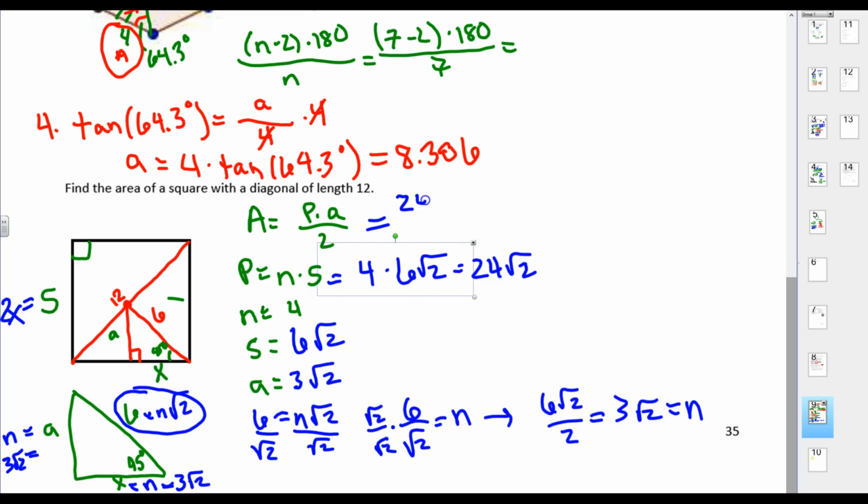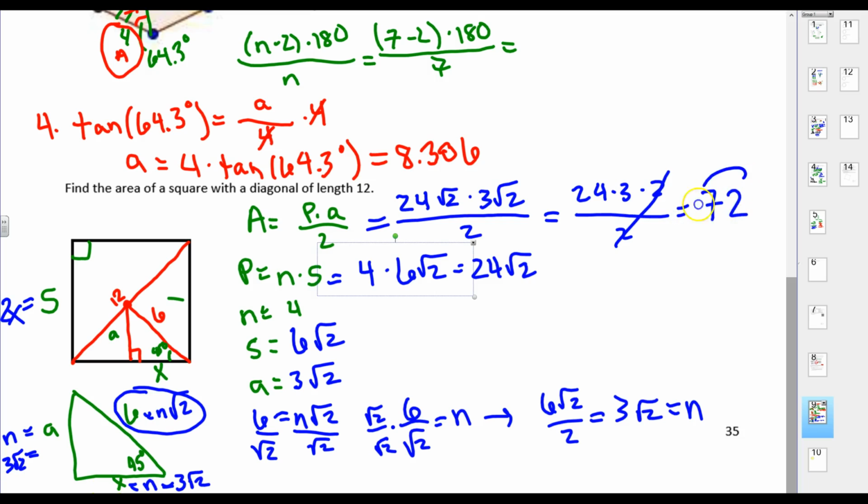So I get 24 root 2 times my apothem of 3 root 2, all divided by 2. Lots of clever things happen. Root 2 times root 2, I have 24 times 3 times root 2 times root 2 is 2 over 2. Those cancel. 24 times 3 is 72. So guys, that is your answer, 72 units squared.